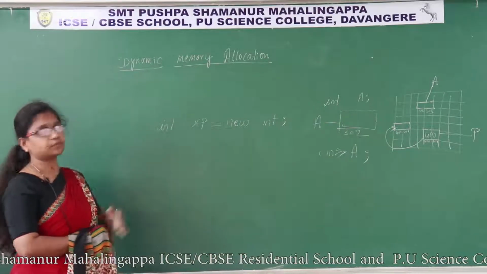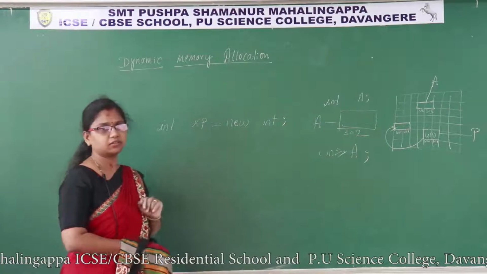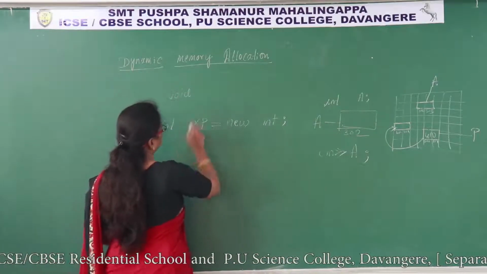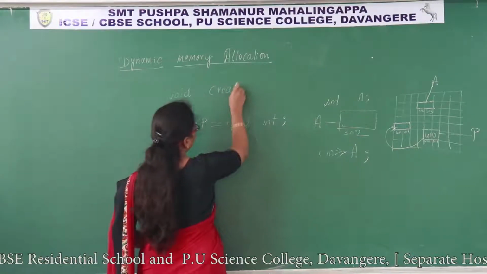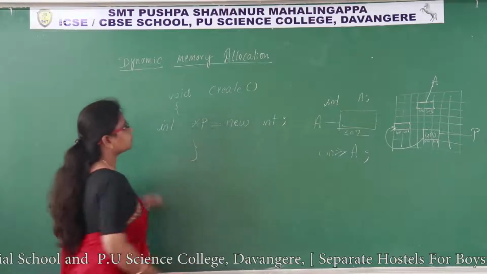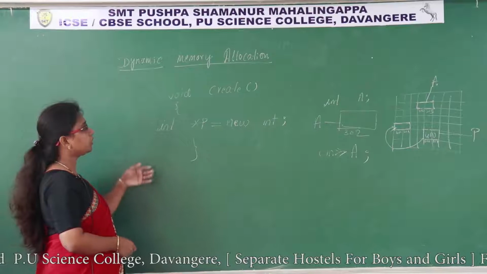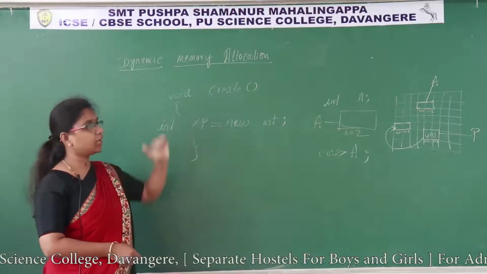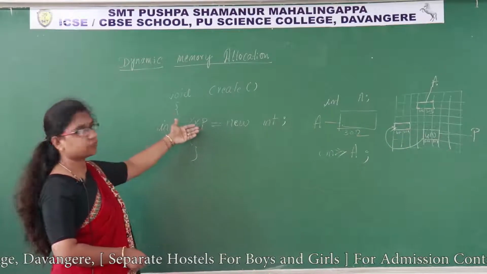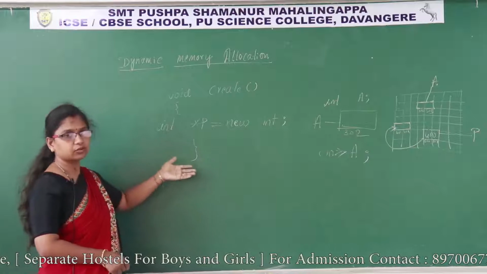How to implement it in the program? I have to write this instruction in a function. Consider void create. I'll take a function like this, void create, and this function includes this statement. During execution, however many times you call this function, it will create some memory at the time of execution.